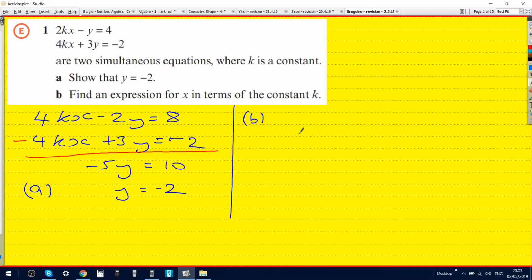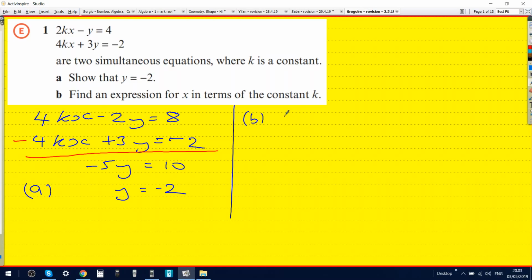How would you do that? Multiply the top one by 3 and then add them together. We could. How do you usually find the second answer for simultaneous equations? You can substitute in the value of y. Yeah, and that will still work for this one. So you put in minus 2 for y.